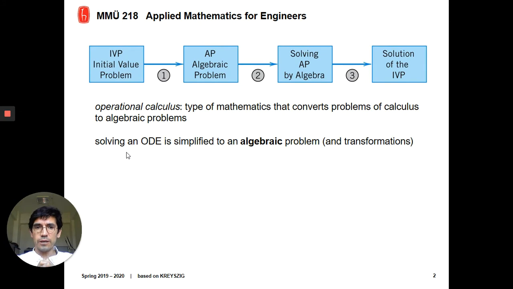So we can convert a calculus problem to an algebraic problem that you can use a software to program and solve.